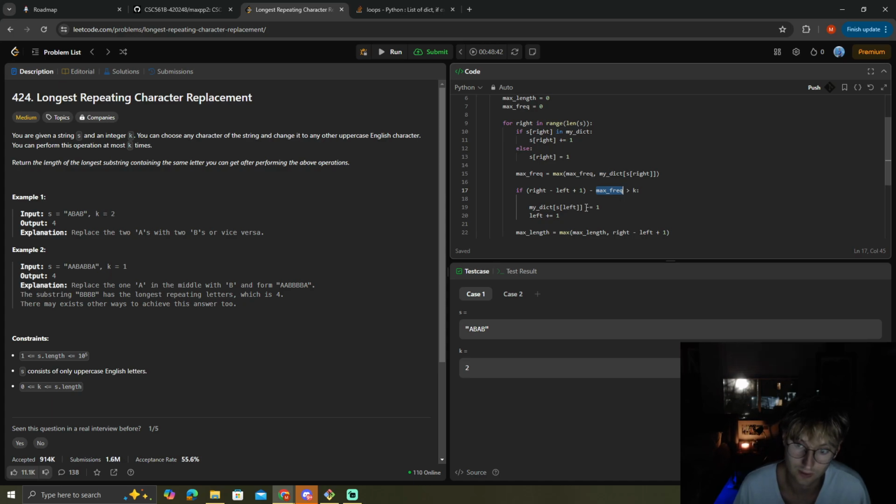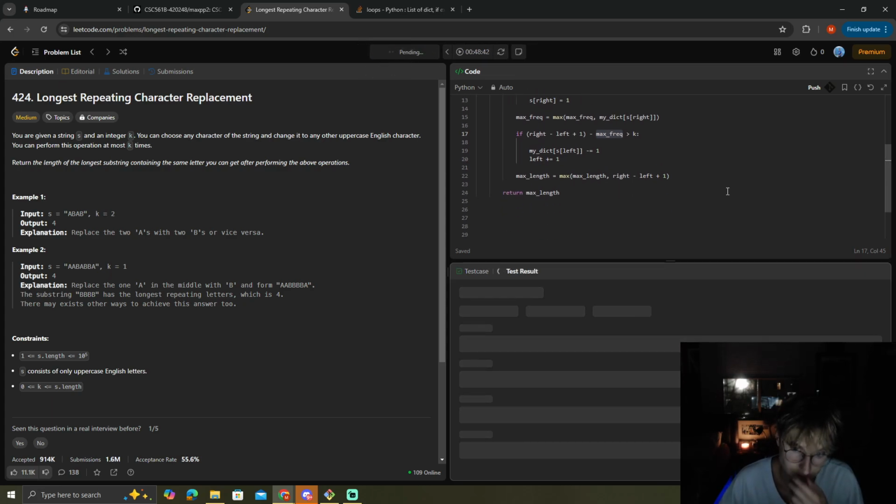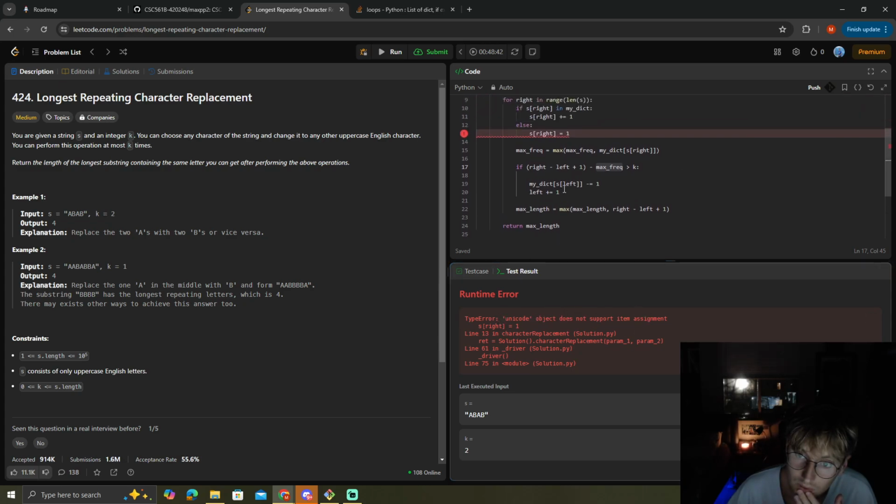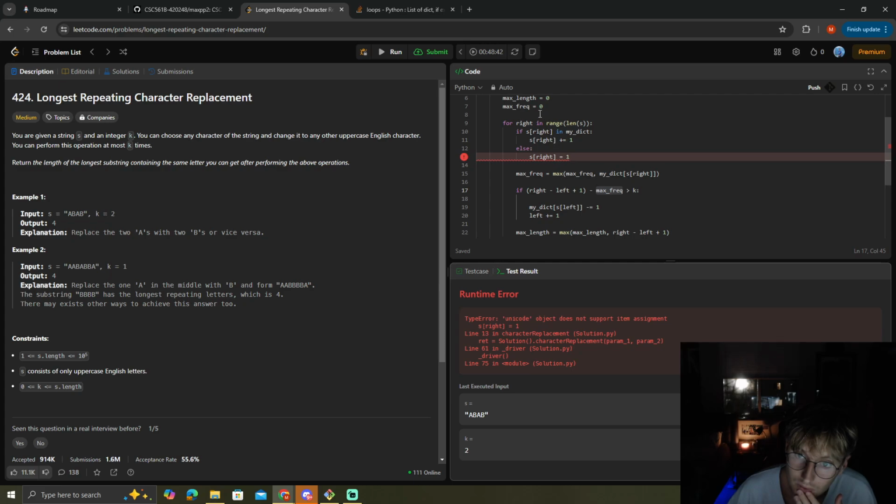Then we can keep track of our max length through that. Okay. What is going on here? Oh, that's fine.